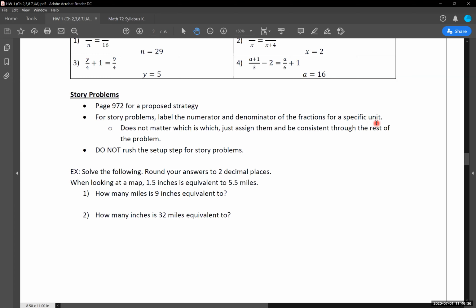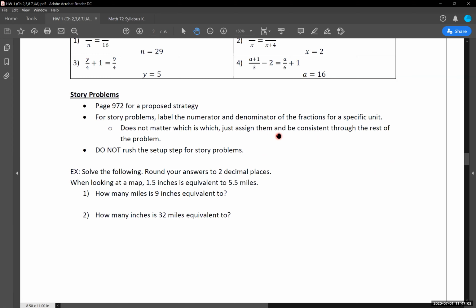Especially with story problems and proportions, you absolutely must be given some kind of units that we're working with. And more often than not, we're going to be given that in some way, shape, or form in the problem. Or maybe we can look up some information about those specific units as necessary from the problem. It does not matter when you're labeling these things which unit goes in the numerator and which unit goes in the denominator.